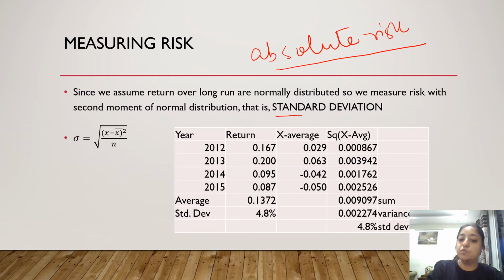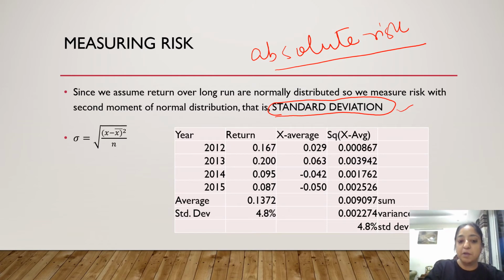The measure we use frequently in the finance literature is standard deviation, though we have a number of other measures also, but for my basic level we are going to consider standard deviation only.